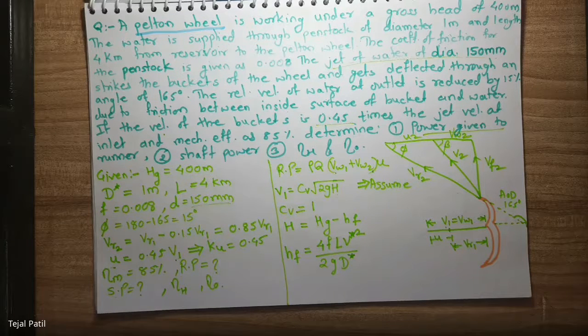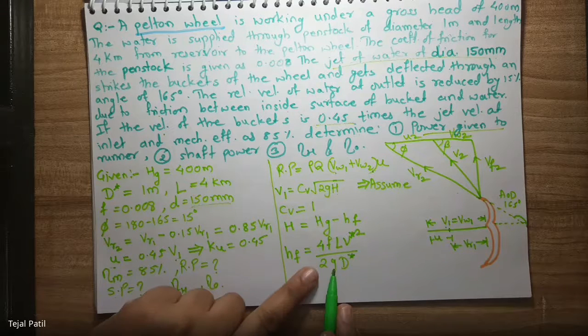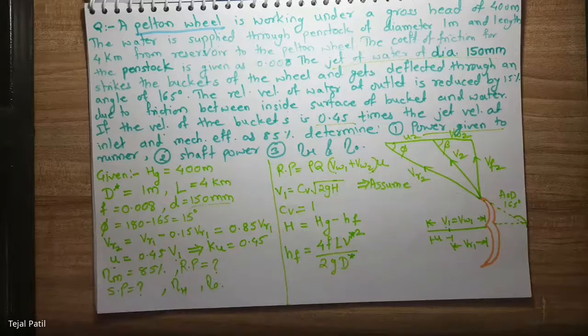F is known, L is known, the diameter is known, but you don't know V star. So there are many unknowns here. Let's put this value in and see whether we can still find it.